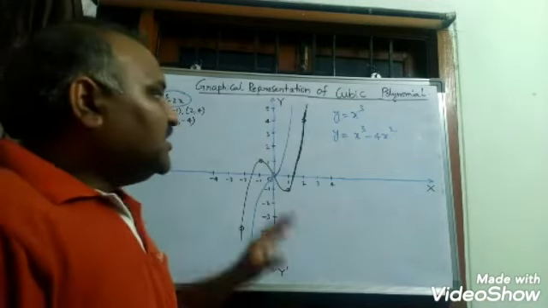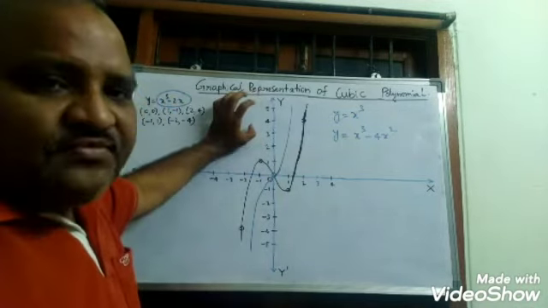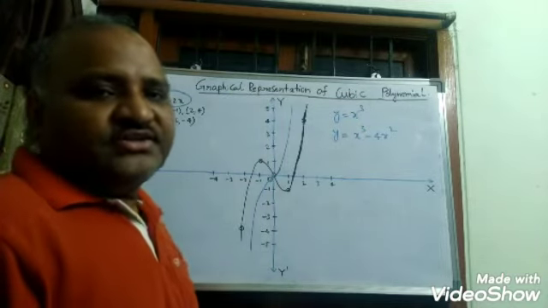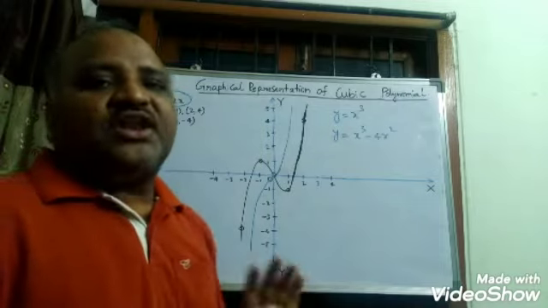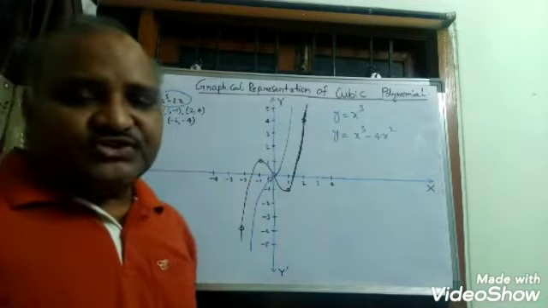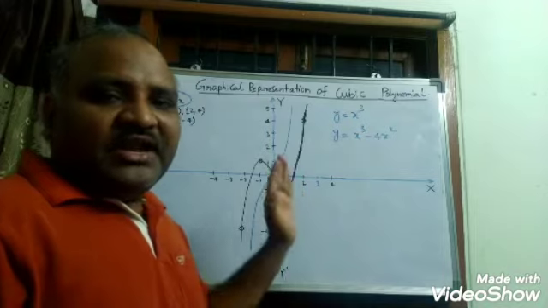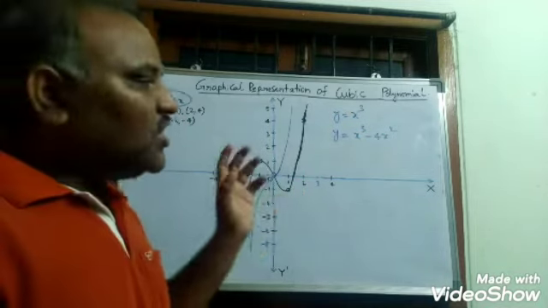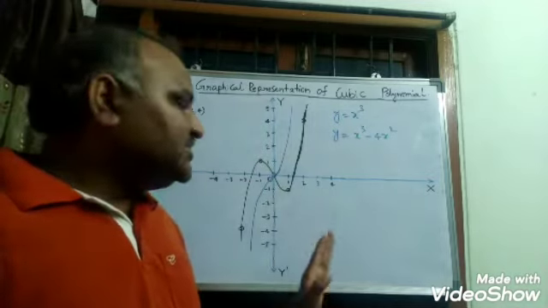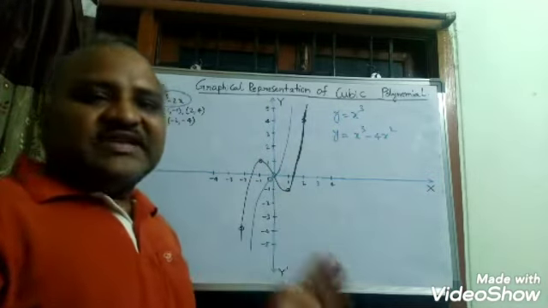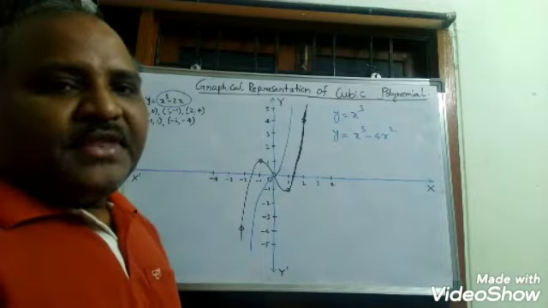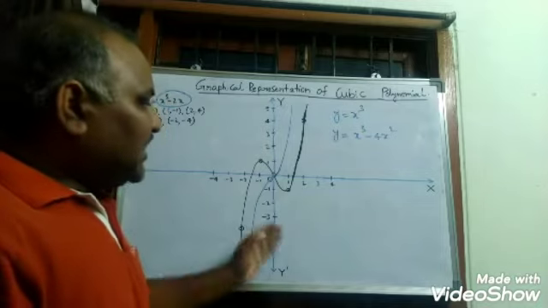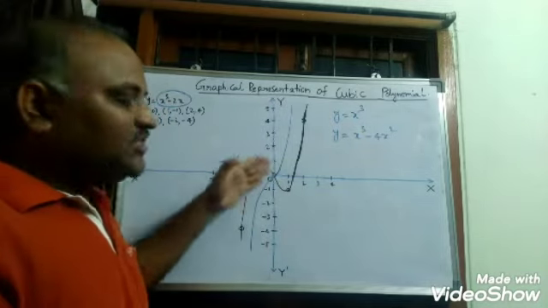After the graphical representation of cubic polynomial, we need to discuss one important point in graphs totally. Whatever the graph it is, it may be a linear polynomial or quadratic polynomial or a cubic polynomial, we need to understand one common point, that is we can have some zeros of the polynomial, and at that particular value of zero of the polynomial we can have intersection of the graph with the x-axis.